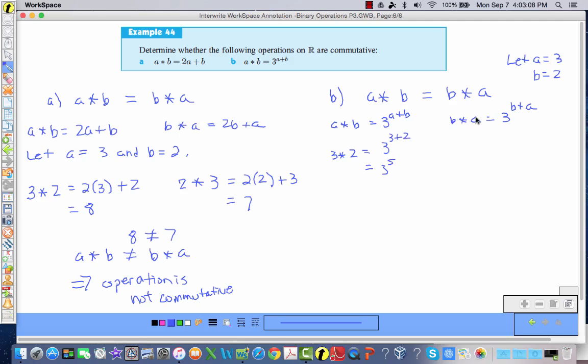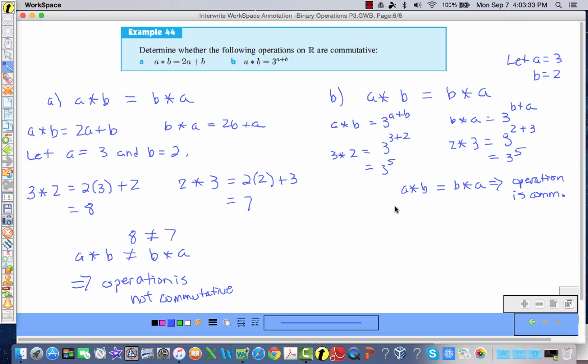And then b star a, 2 star 3, would be equal to 3 to the 2 plus 3, which is 3 to the 5th power, which implies that a star b is equal to b star a, which implies that the operation is commutative. And I'll abbreviate that.